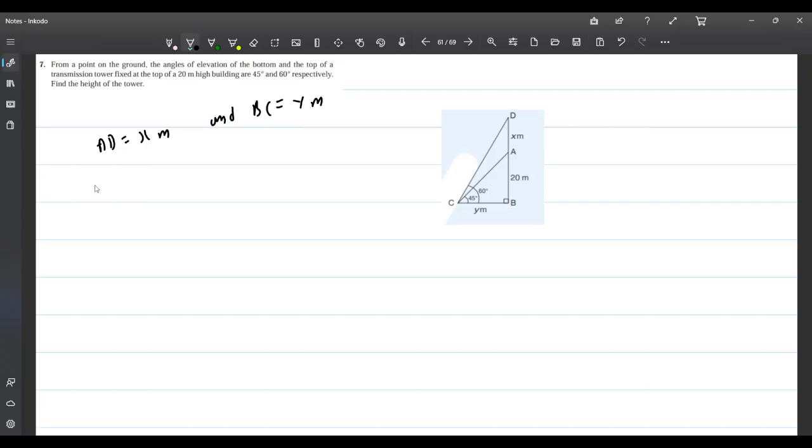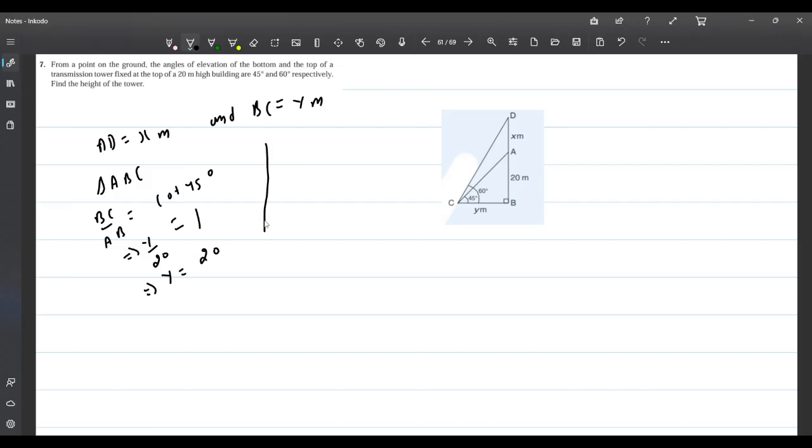So in a right angle triangle ABC, BC upon AB, which is equal to cot 45 degree. This is equal to y upon 20, and cot 45 is 1. So y is equal to 20.